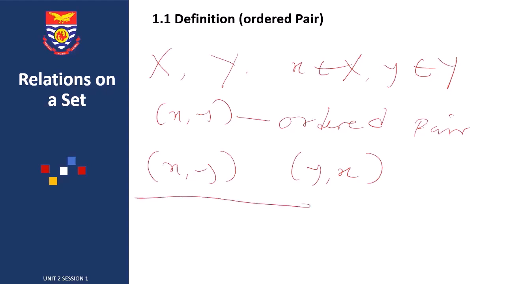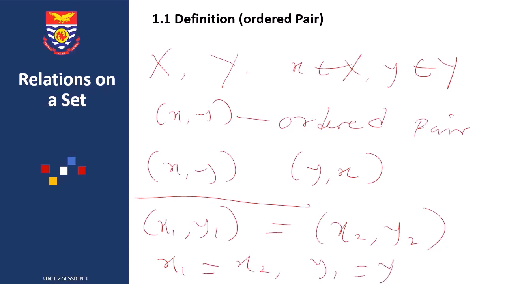For instance, (x1, y1) equals (x2, y2) if and only if x1 equals x2 and y1 equals y2. If not, then the two ordered pairs are not equal. So that is what we call ordered pairs.